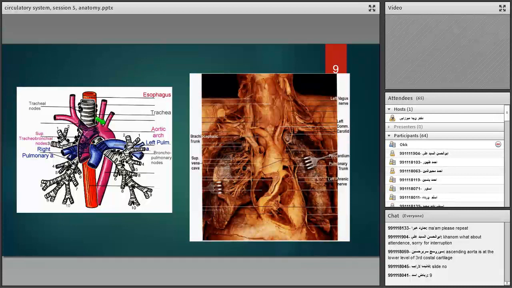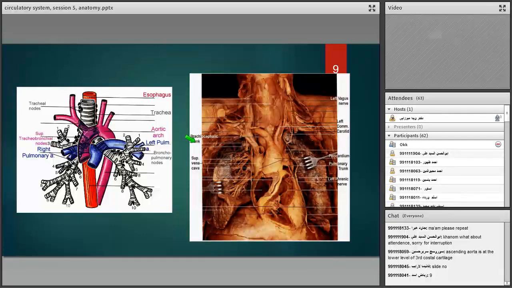It is slide number 9. The first branch of the aortic arc is called the brachiocephalic trunk, which is placed in the right side.